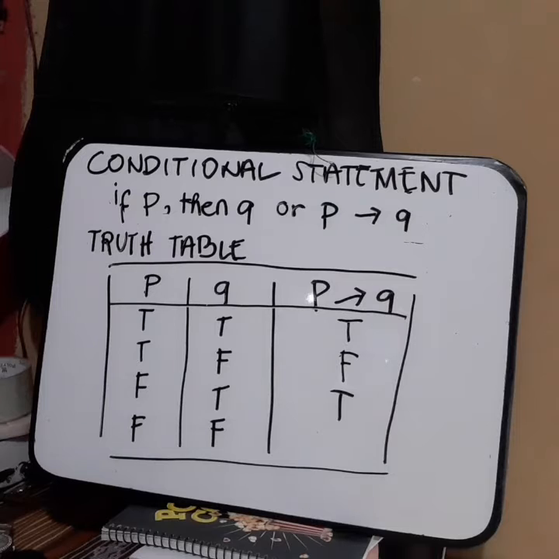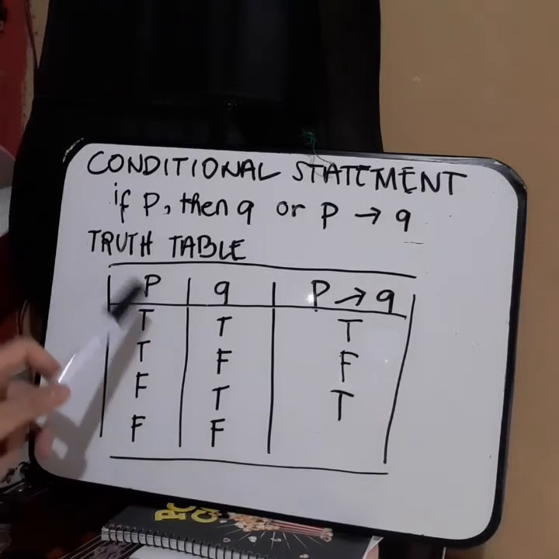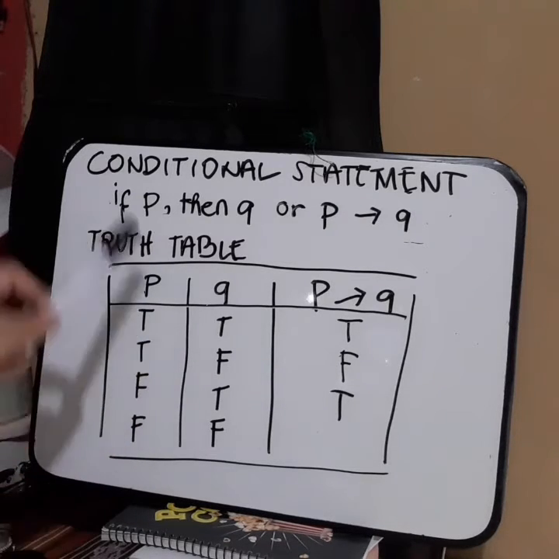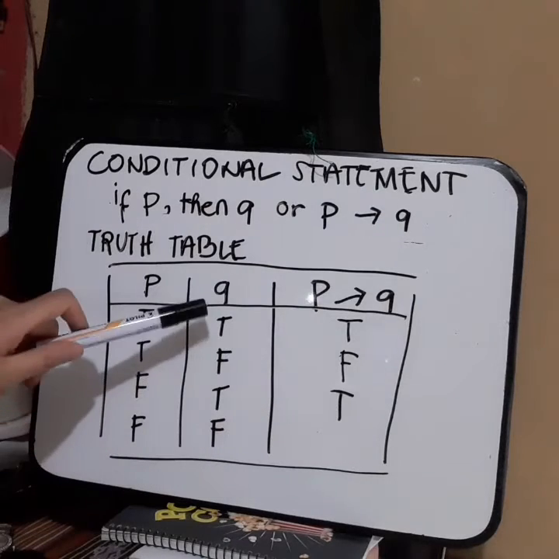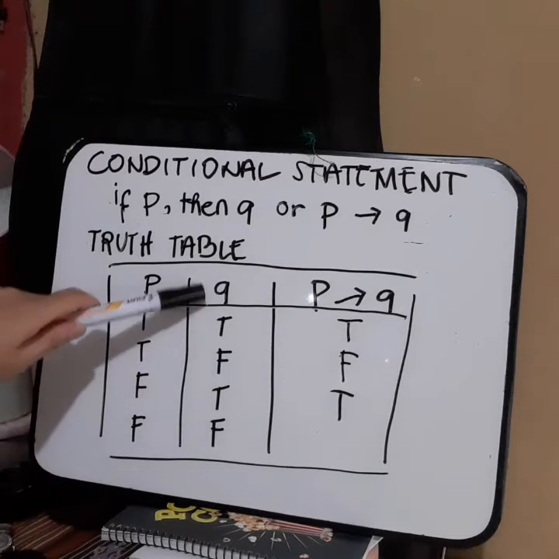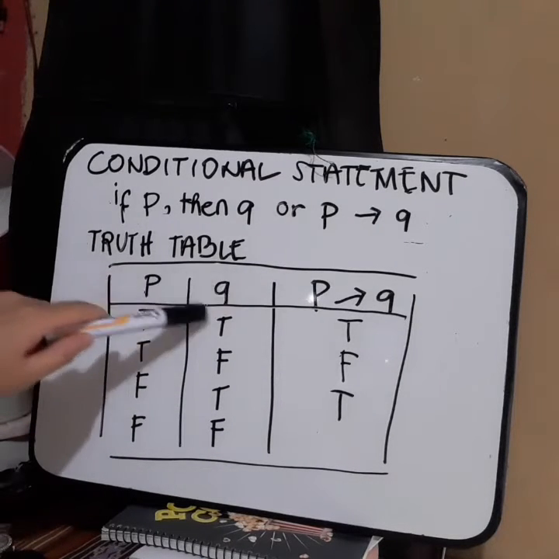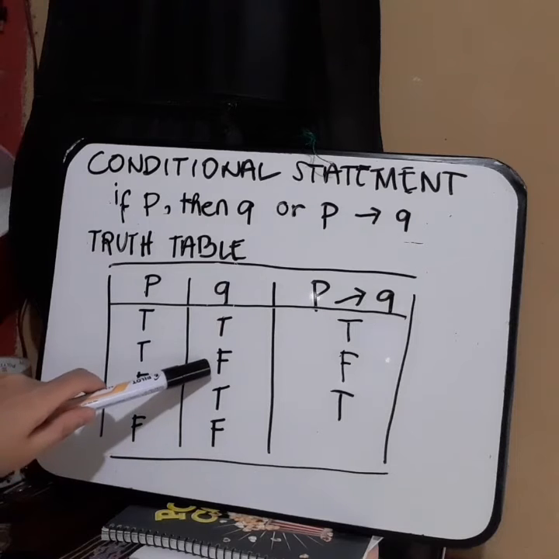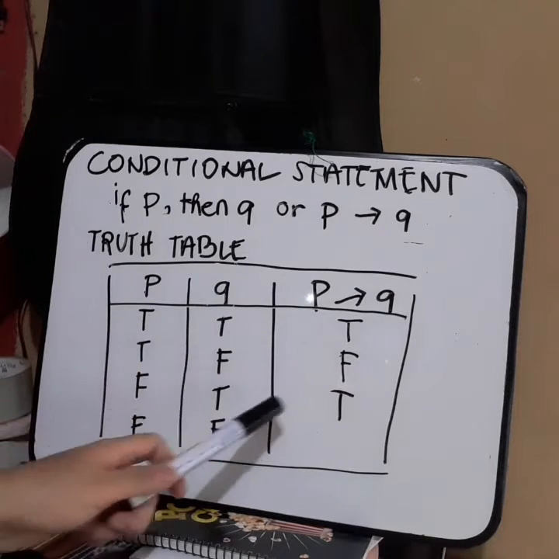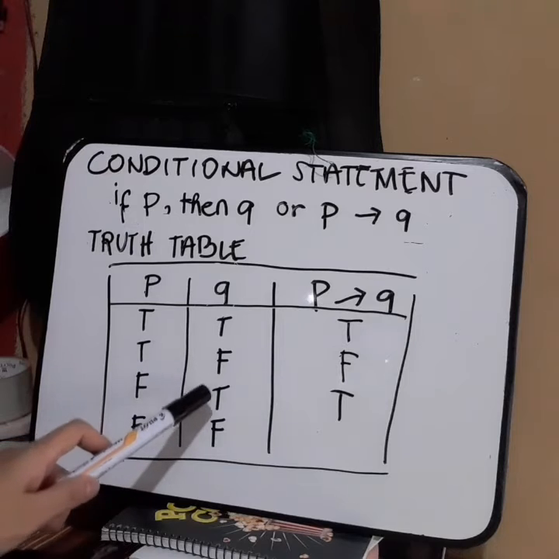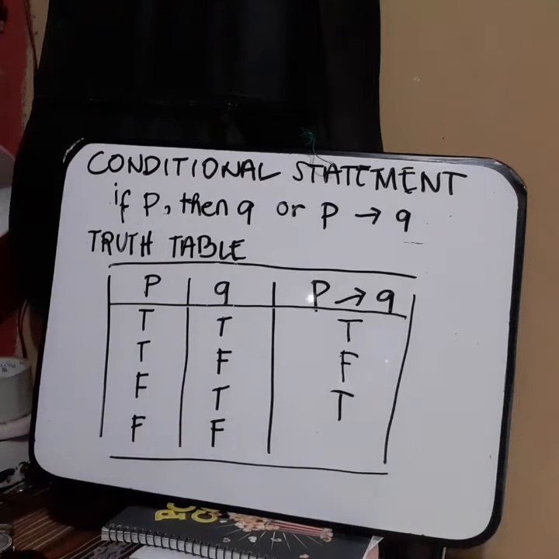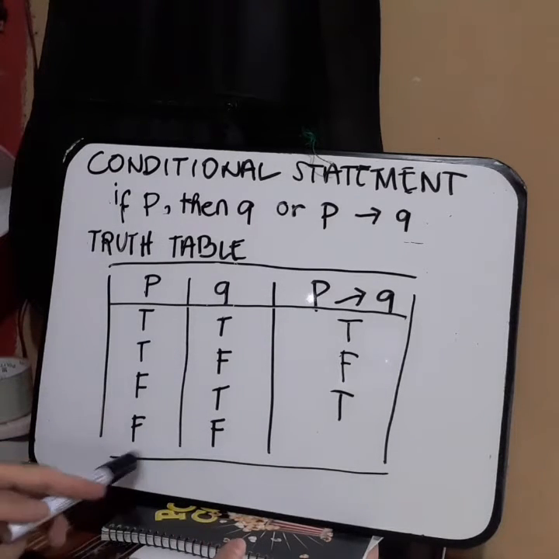Why? It's because in every conclusion of our statement, in a conditional statement, we always follow the answer of the conclusion. As you see, if the conclusion is false, we just put false. If the conclusion is true, then we put true. How about the conditional statement if false, false?